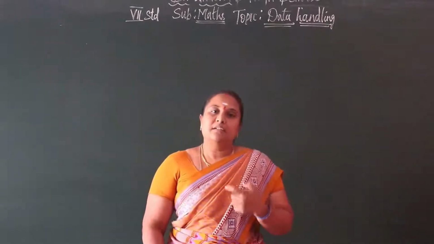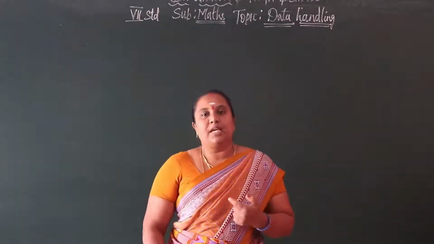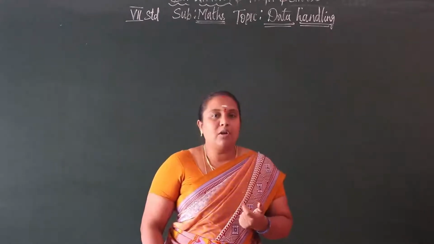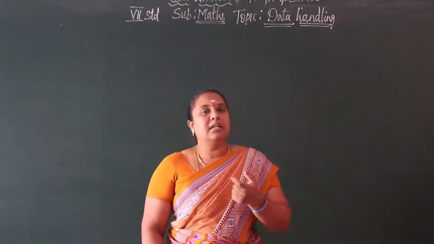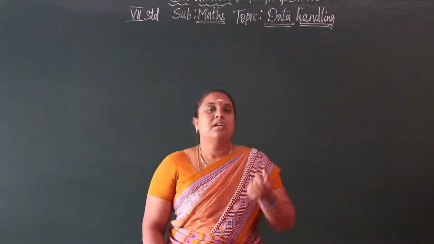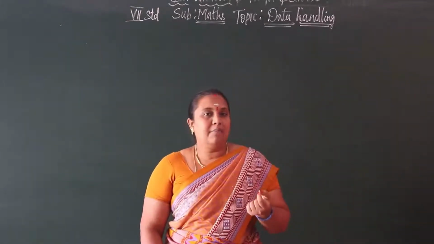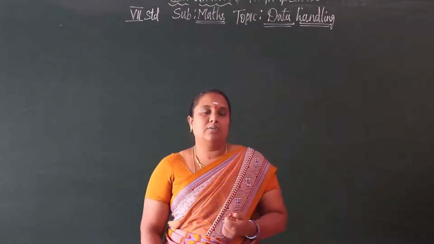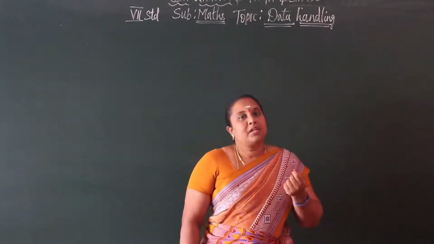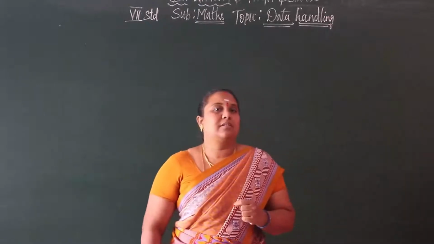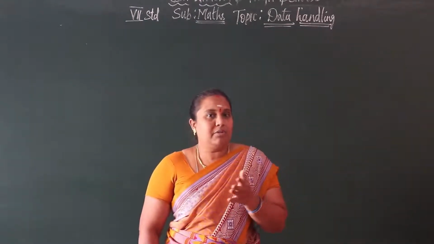How many observations do we have? So the formula is the sum of the observations by the number of observations. Do you remember now?